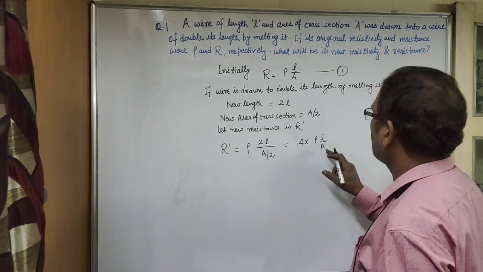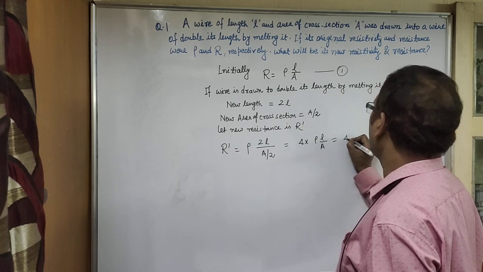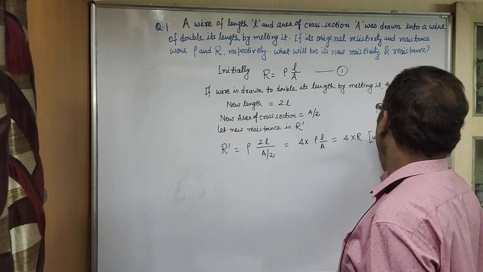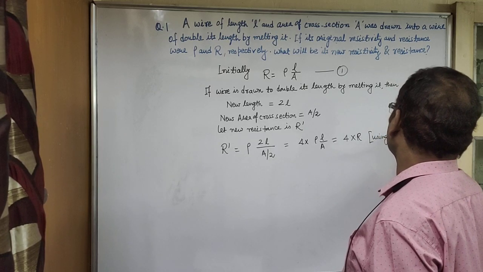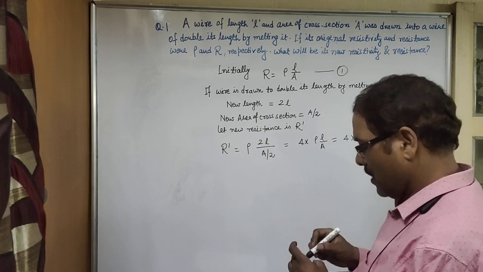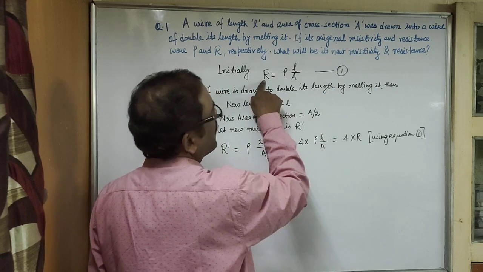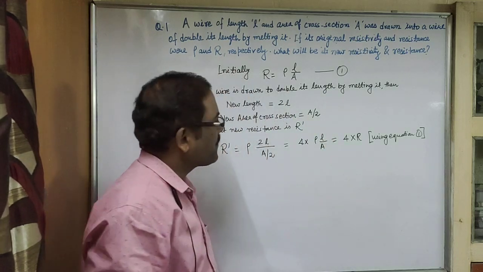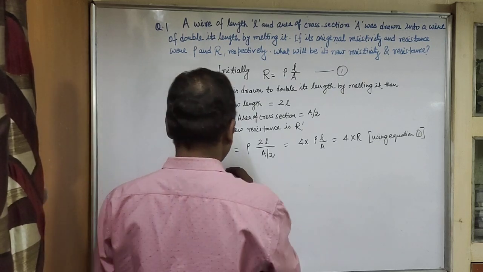So it will be 4 into R, using equation 1, because this rho L by A is equal to R. So the new resistance will be 4 times the previous one.